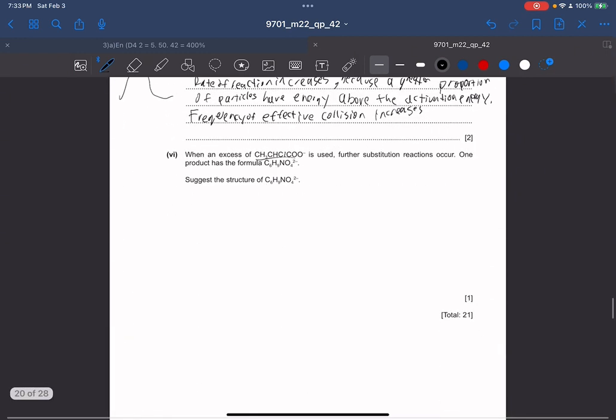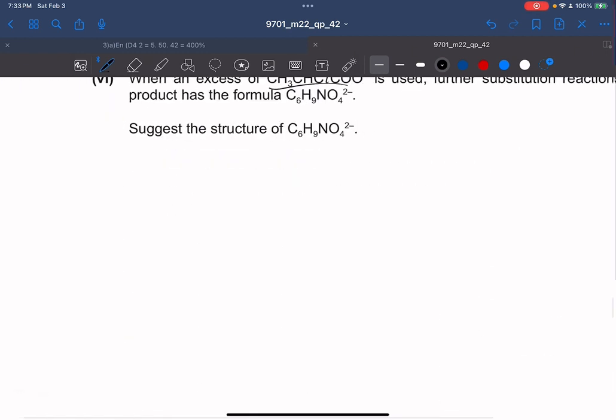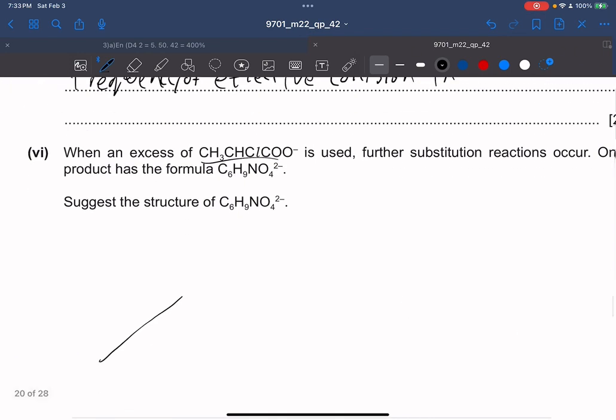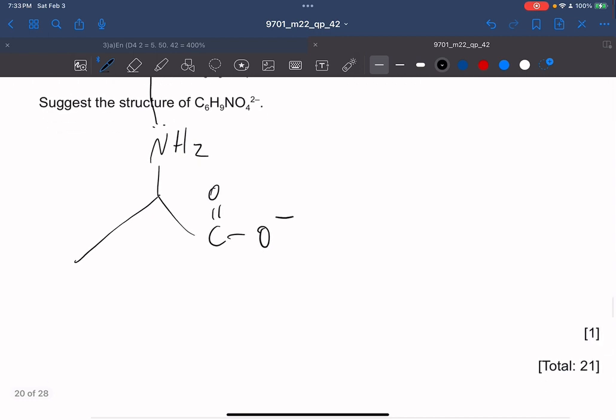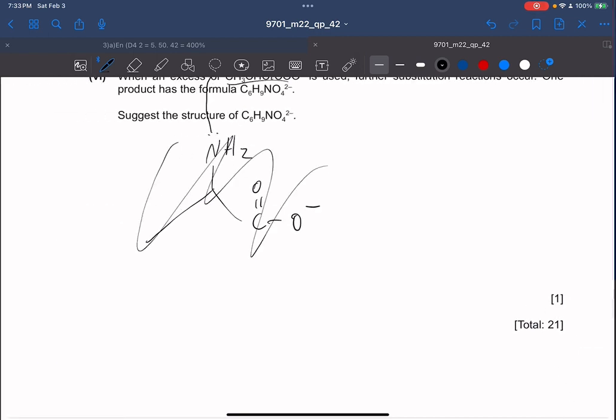So if I were to draw this out, at first I had, what was it, CH3CHCl that was substituted. So CH3CH, then I have NH2 there, then I have C, O minus, something like that. Then we have another one of these where the lone pair is going to attack right there because it's partially positive. So we're going to scratch that.